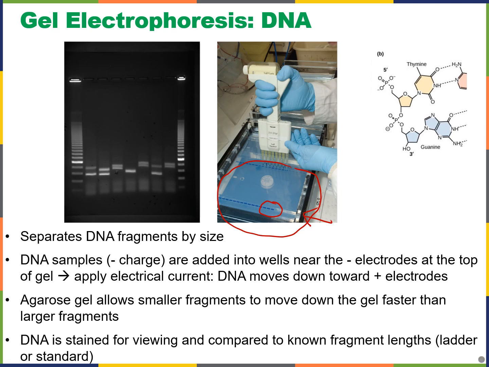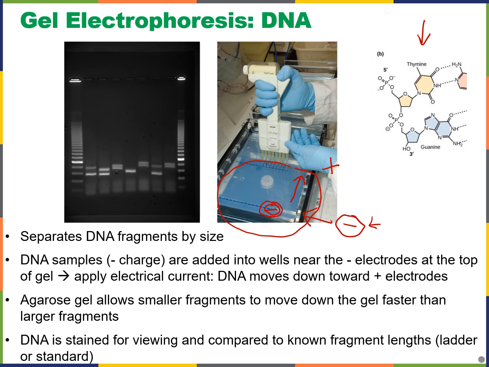On one end of the gel, you'll have a negative electrode. DNA is also negatively charged. So if you add DNA near the negative electrode, and you have a positive electrode at the other end, and you apply an electrical current, then over time DNA is going to move down the gel toward the positive electrode.